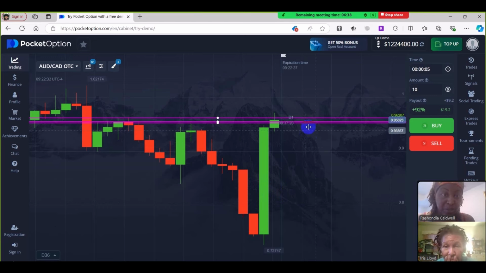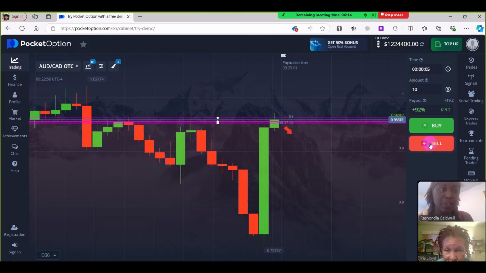So the closer you see the little pale line, I wish I could make that line darker. But I see it. So when it gets closer to this first pink line or the second pink line, if it pushes up to the first pink line, then you can put in a sell. If it pushes down to the second line, then you can put in a buy.